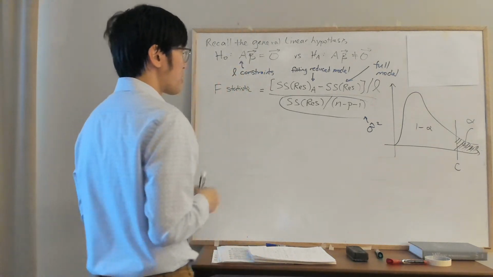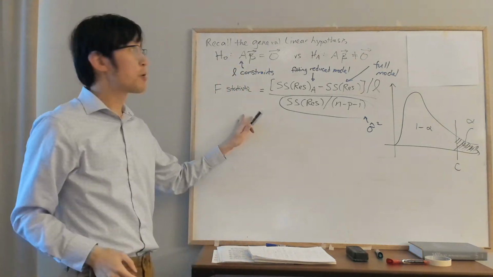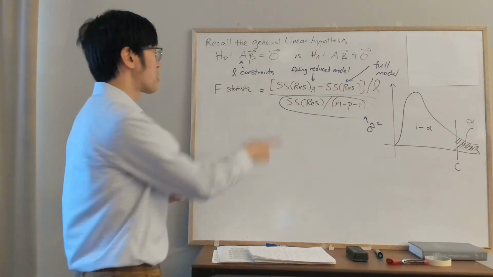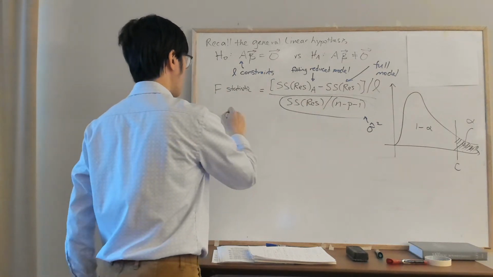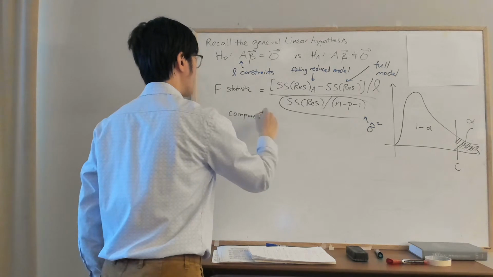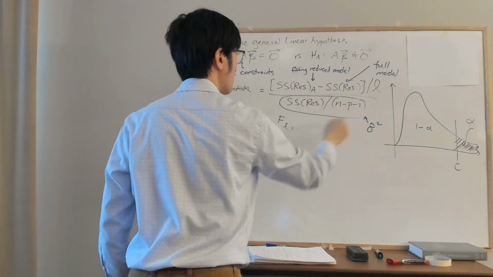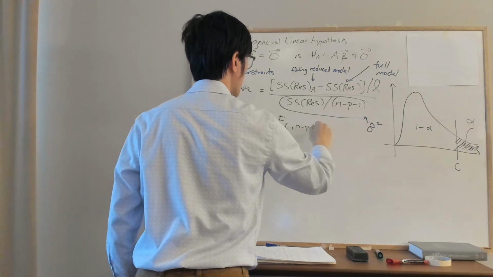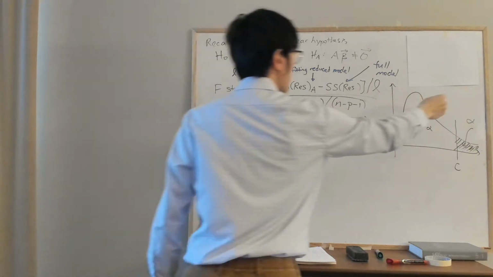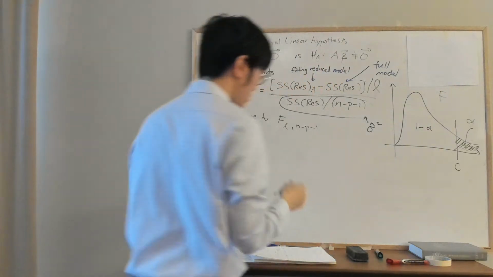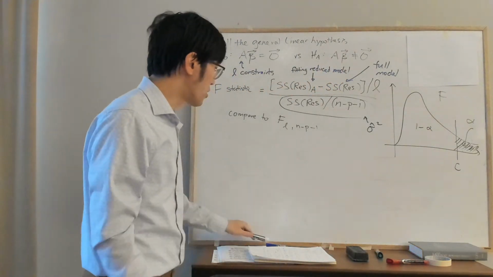This is the statistic that we use to test this hypothesis, and we compare it to the F distribution with degrees of freedom numerator L and denominator n minus p minus 1. This is an example of an F distribution.